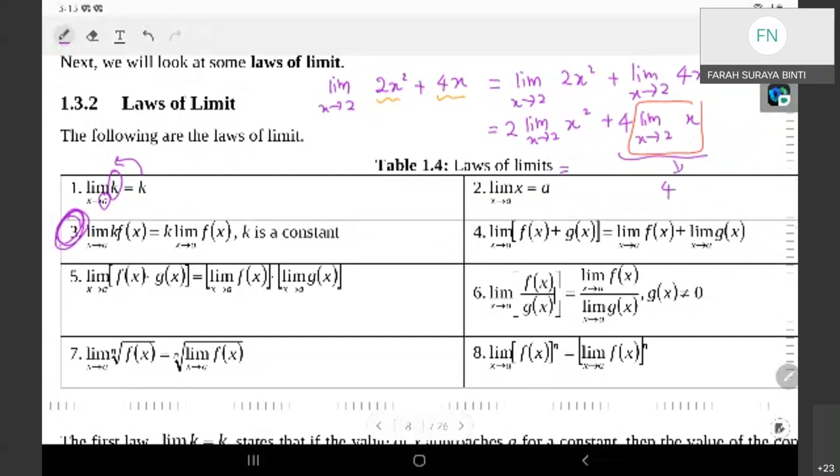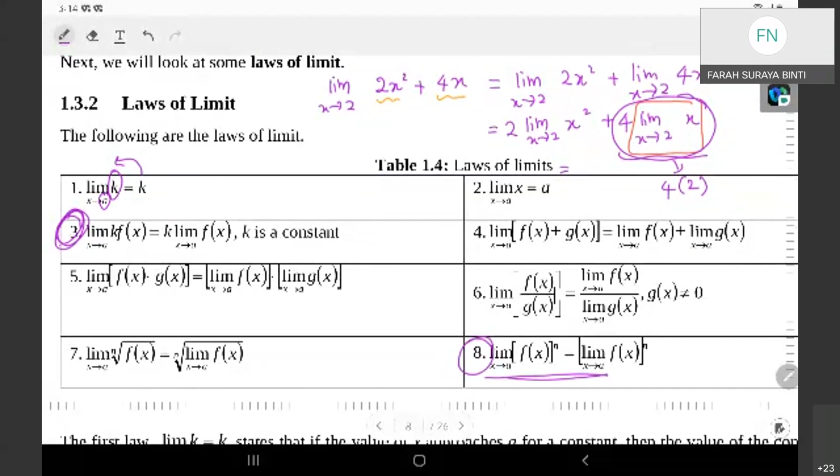So 4 dekat depan. So when we apply law number 2 for this term, okay, kita akan dapat 2. So dekat sini jawapan dia akan jadi 8, 4 darab 2, 8. Yang dekat depan ni, yang ada x square, kita akan guna limit number 8 nanti. Ini saya akan tunjuk kemudian.